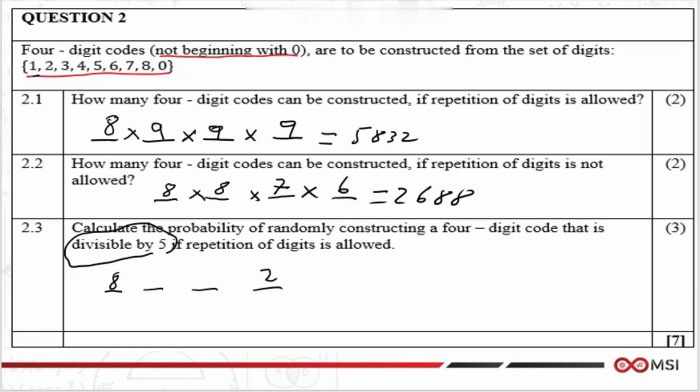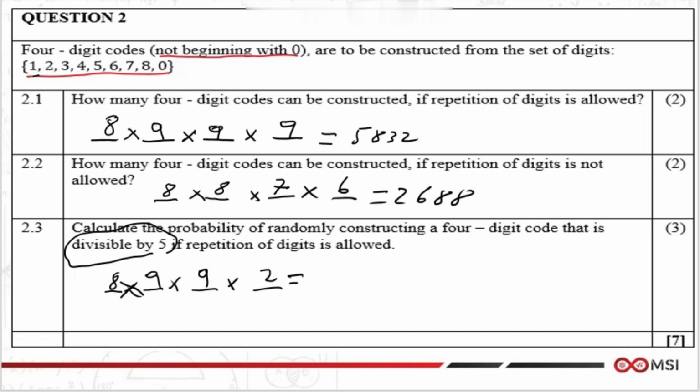So if a number ends with 5 or that number ends with 0, then therefore that number is divisible by 5. Then repetition of digit is allowed. Then now for these positions, now we are looking at all digits in our sample space.